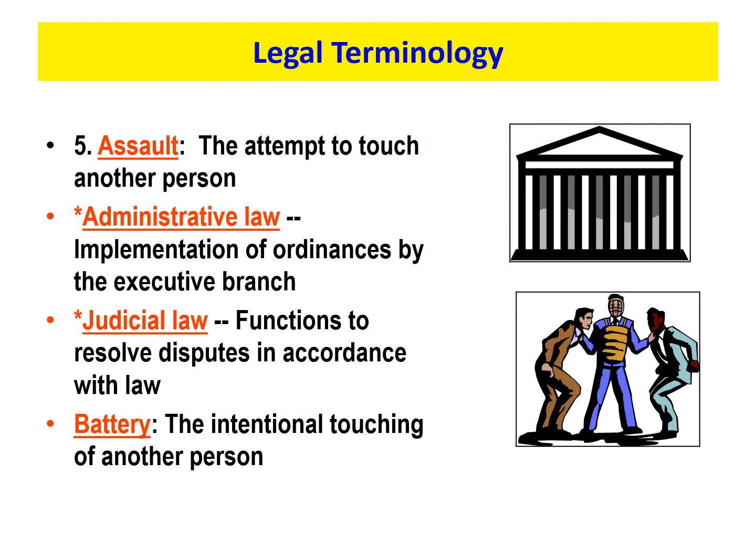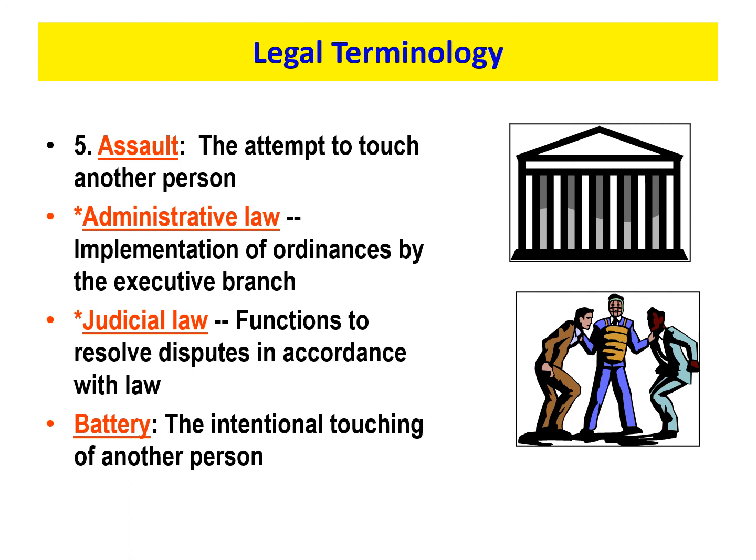Now, again, terminology. We need to understand the terminology. And so here's some legal terminology you guys need to know. This could be on your comprehensive final, right? Assault, okay? An attempt to touch another person, of course, when they don't want you to, right? Administrative law is the implementation of ordinance by the executive branch.